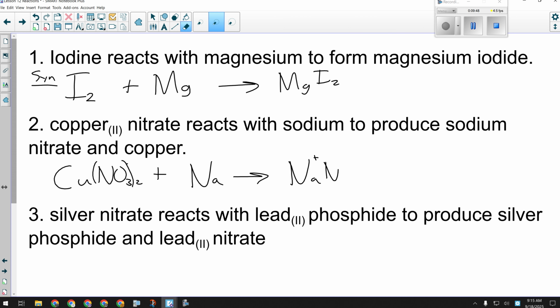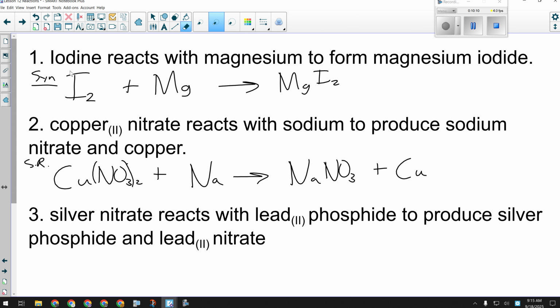That's a +1, nitrate's a -1, so that works out. And copper. What kind of reaction is that? Single replacement. I got an ionic compound and an element.